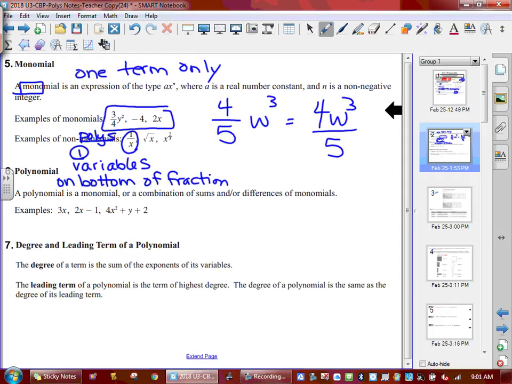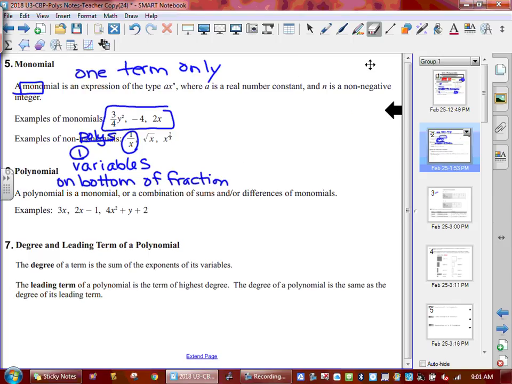What do you notice about the second one? What's the second example? What do you notice about the second example? Anybody? No numbers. There's no numbers. But what do you see? A square root sign. And with no numbers and only variables, under a root sign we can only have a variable that has an even exponent.